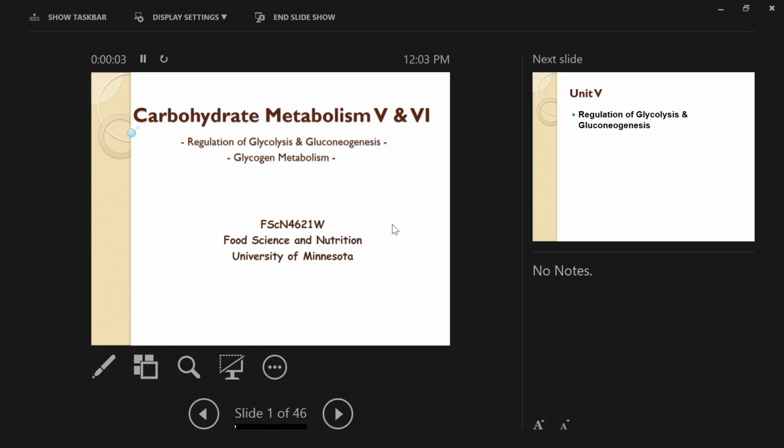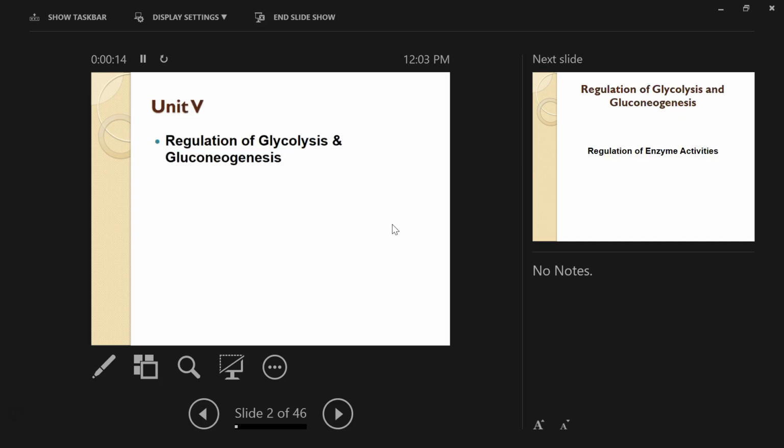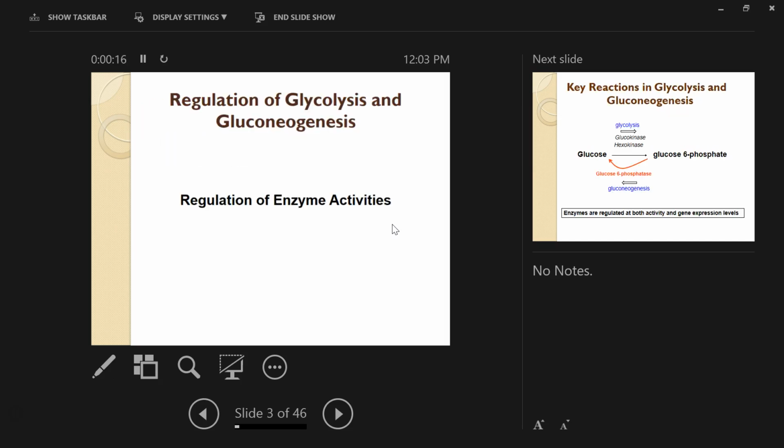Okay, now let's continue to talk about the regulation of glycolysis and gluconeogenesis, right? As I mentioned, regulation basically involves enzyme activity regulation by hormones and by substrates.